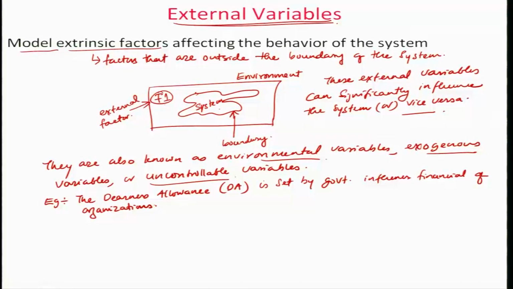You have no control over what DA the government is going to set. The government will set the DA according to many conditions and its own whims and fancies. And once the DA is set, you have to use that DA and give salary to the people who are working in your organization. So that is a factor that you have absolutely no control over. It is an environmental factor, but it has a significant impact on the way your business operates.